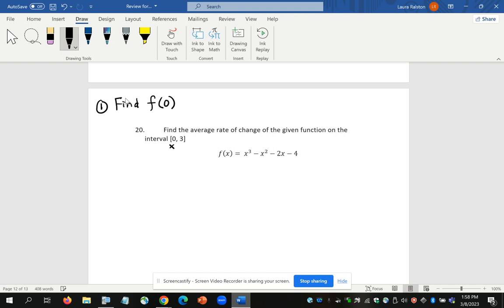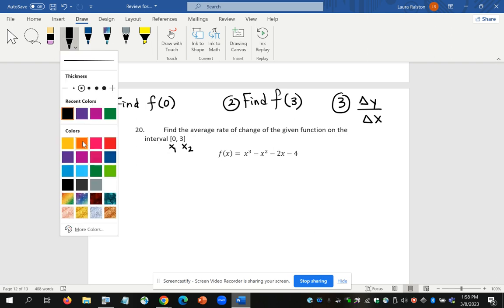That's my x1. Then I have to find f at 3. That's my x2. That's given in the problem. And then we have to do the average rate of change. There's no other way to do it. You have to do those little intermediate steps. So let's see if I can maybe color code these for you.